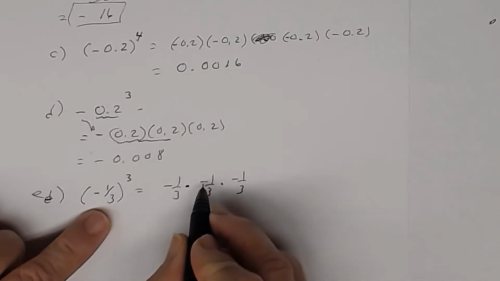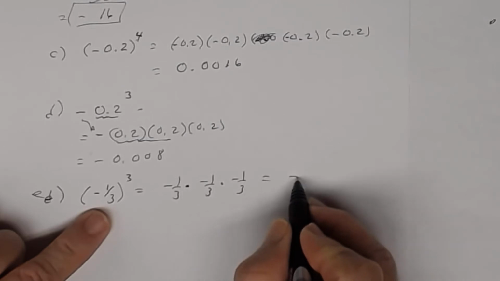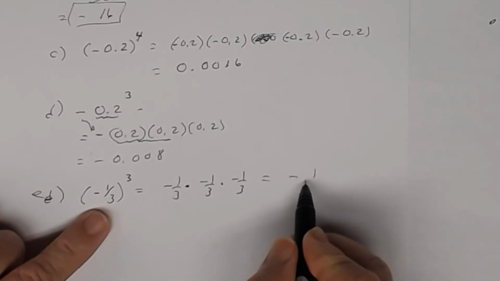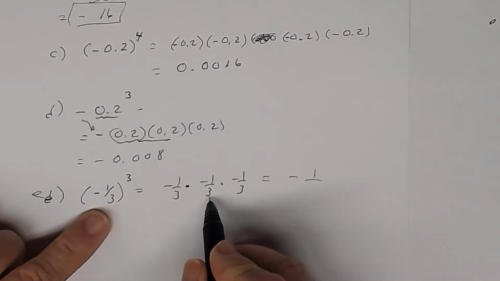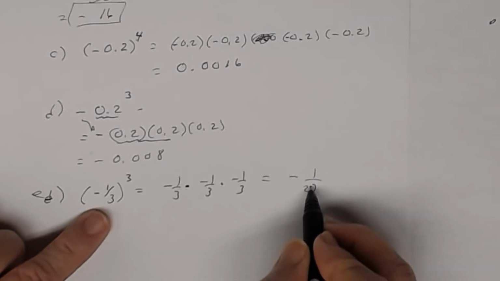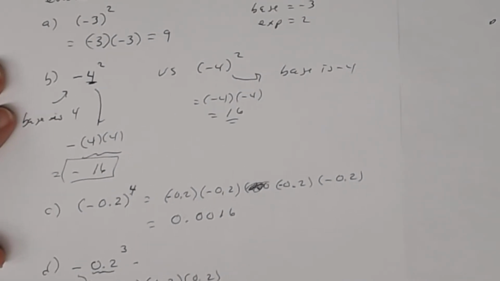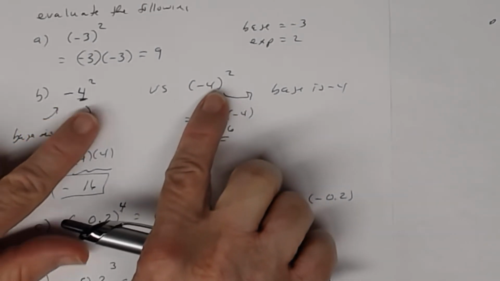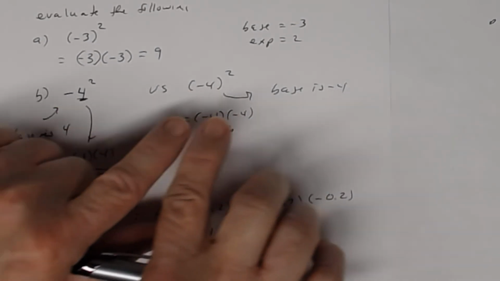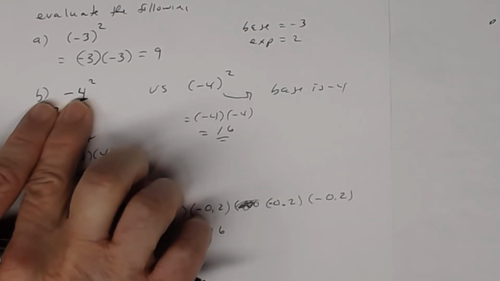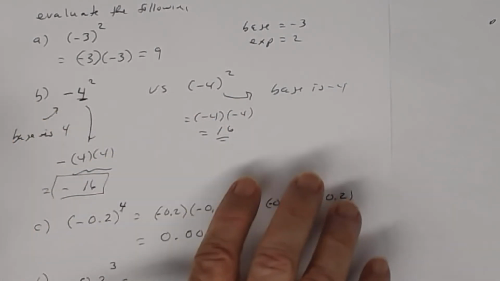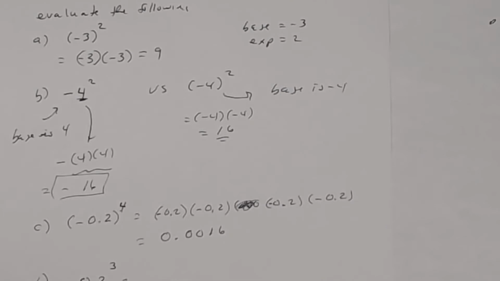A negative times a negative times a negative is a negative. 1 times 1 times 1 is 1. 3 times 3 is 9. 9 times 3 is 27. Okay? All right. So that's very important. It's very important for you to know the difference between what if I have parentheses and then what if I don't. Okay? That's different ideas.